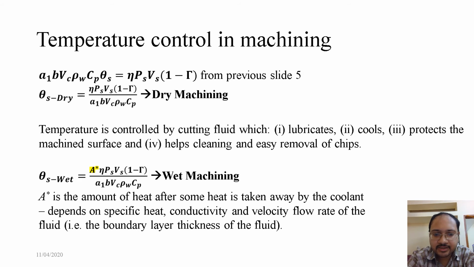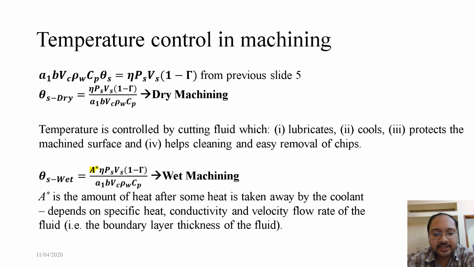Now temperature is controlled by cutting fluid. So what does this cutting fluid do? It lubricates, it cools, protects the machined surface and helps cleaning and easy removal of chips. That means the cutting fluid has 4 advantages or 4 features.